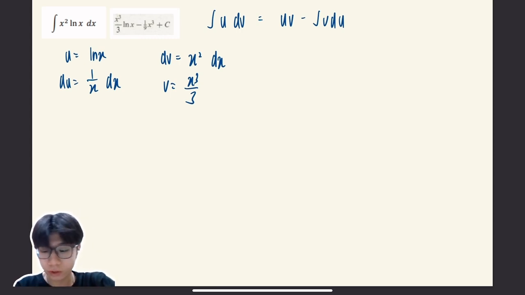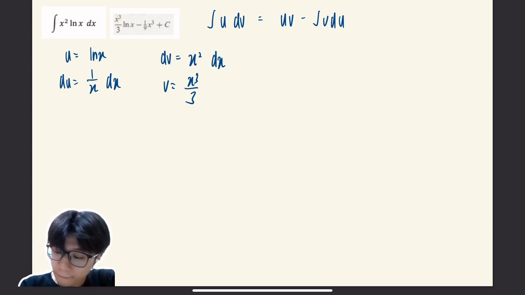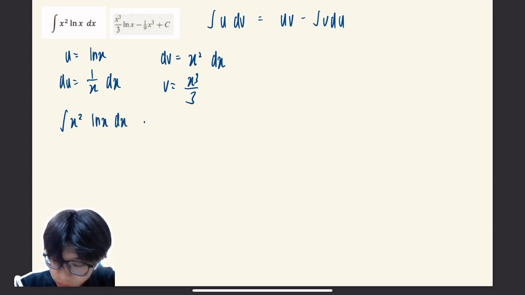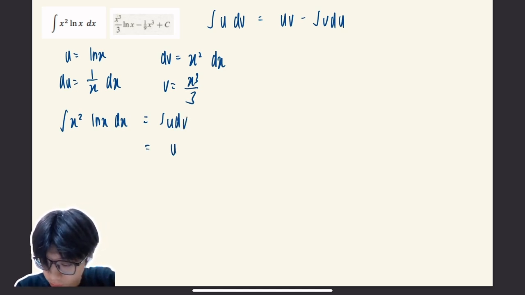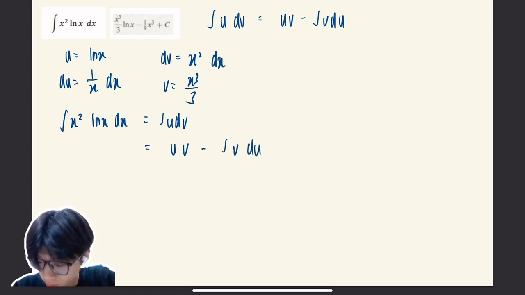For here, you don't need to add the constant first. You just need to add the constant at the end of your final answer. So by comparing, it's equal to this one. Actually it's equal to uv minus integral of v du.